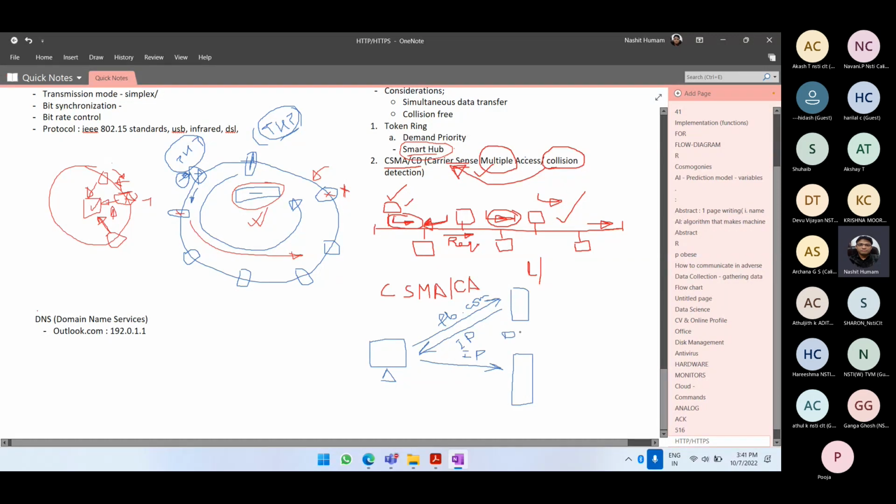This is the DNS server and this is the web server. Then you request the IP address and that IP address will provide you with the web page or the document that you are looking for. So this is how it normally works.